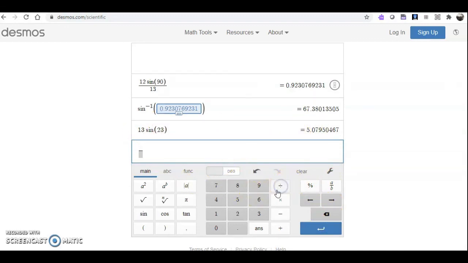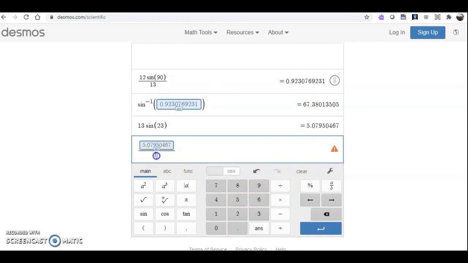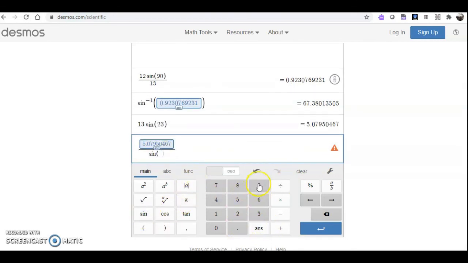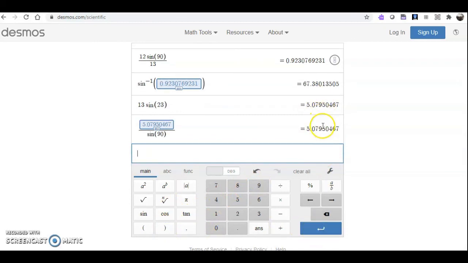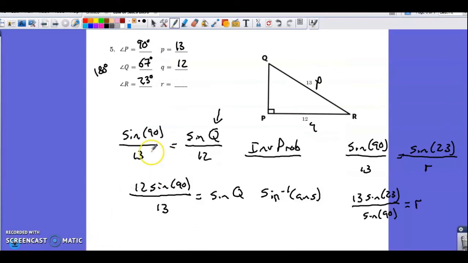When I divide that answer by the sine of 90, it's not going to change because I'm dividing by 1. So again, if you're using a calculator, don't let that confuse you. The answer is just 5.08. Smallest with the smallest, largest with largest. The whole thing's filled out. That's solved.